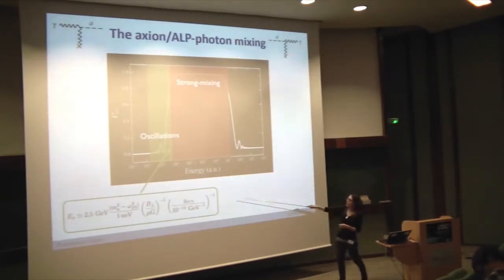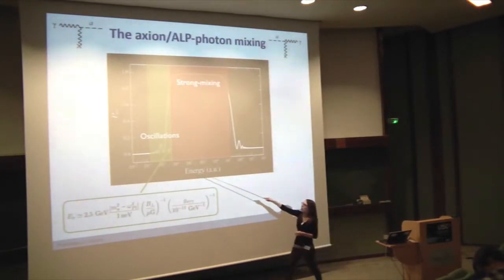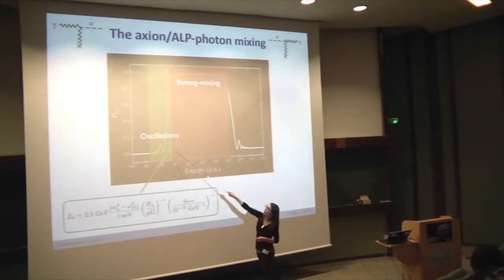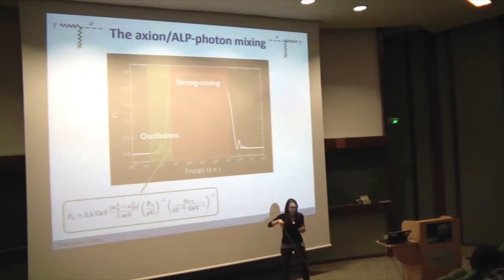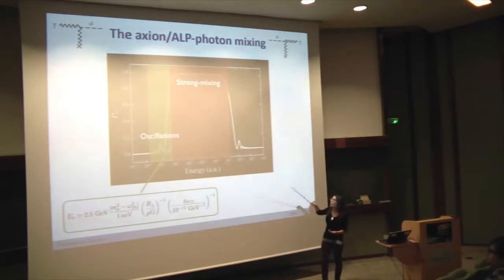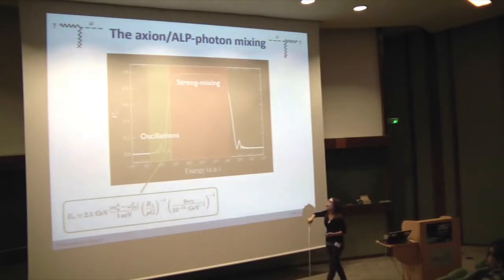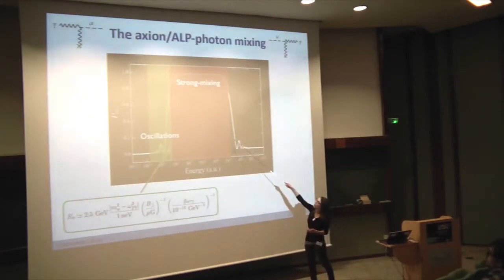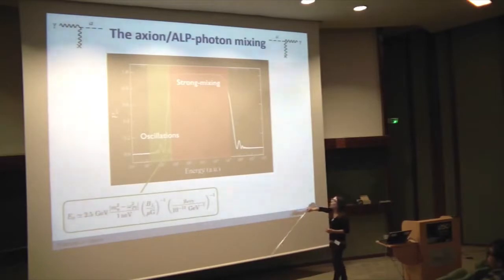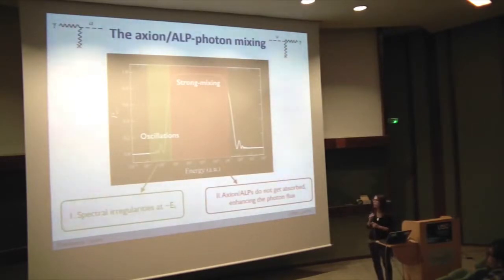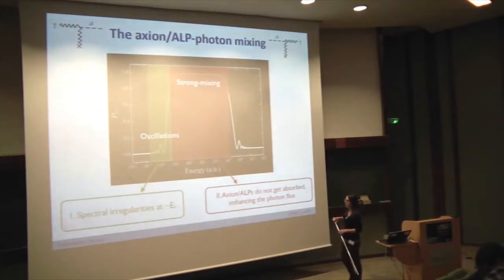This critical energy defines the transition between the oscillation regime, where the probability is small with respect to the strong mixing regime but can still lead to spectral features that might be looked for, and the strong mixing regime at high energy, where the probability of conversion is maximal. So these two regimes might lead to two different observables that we can target with experiments.